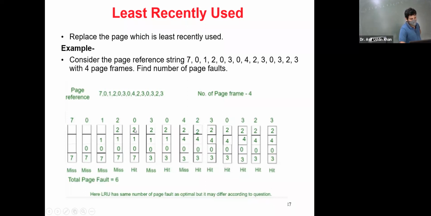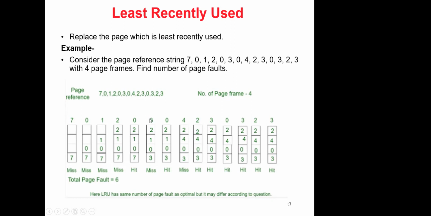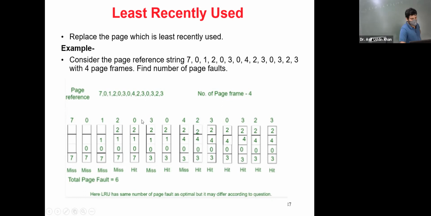So we have 2, 1, 0 and 7. Among these 4 pages we have to remove one. So which one to remove? Now you see 7 staying here. How to easily know that?